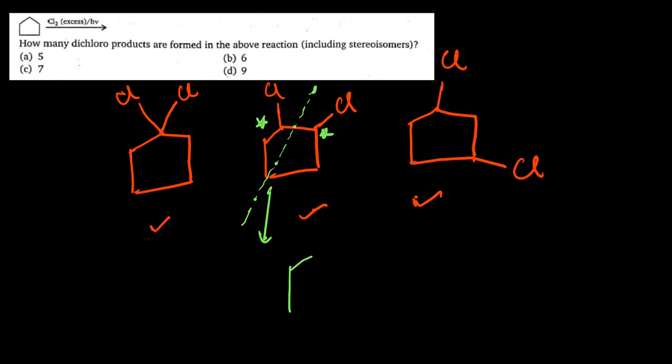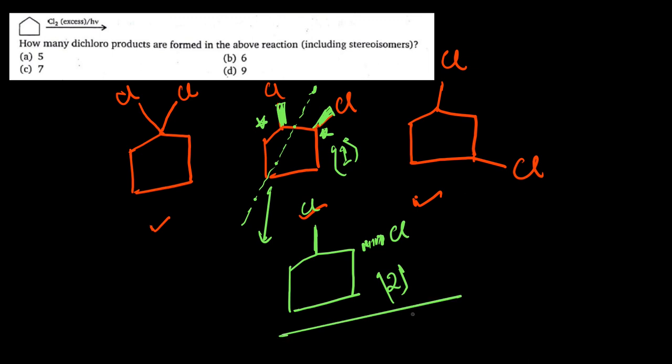But if they are on the opposite side, there is no plane of symmetry. Clear? So for cis there is only one form. Now its enantiomer does not exist, but for trans one enantiomer form exists. So for this you will be having 2. So the total number of isomers you will be getting for this will be 3.